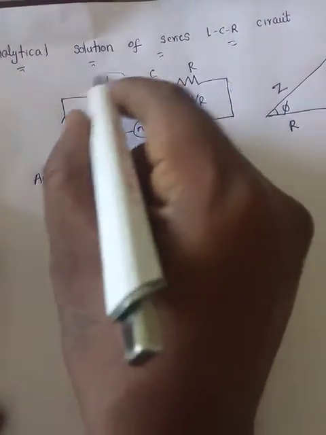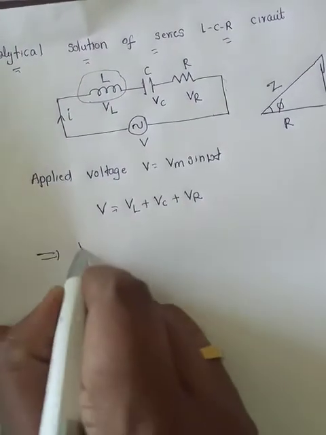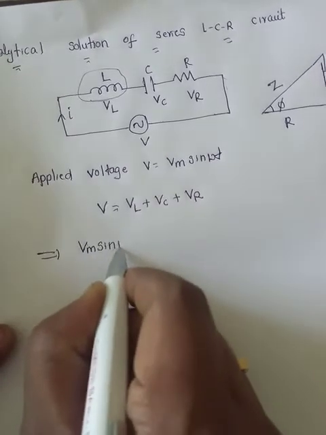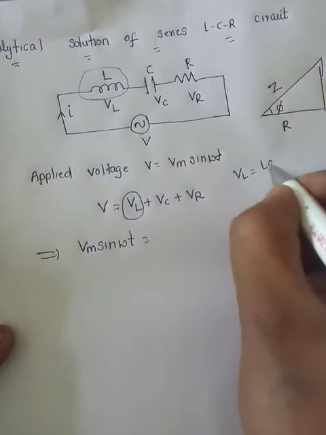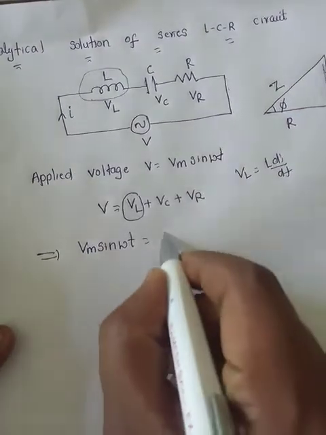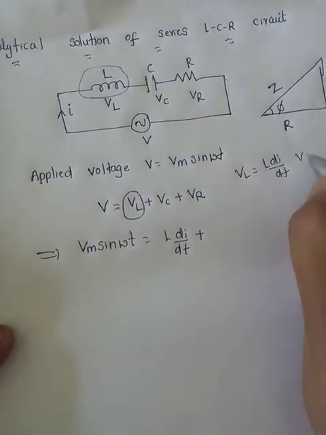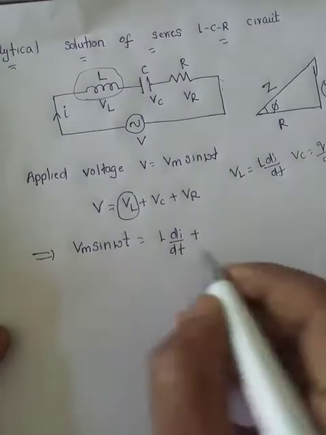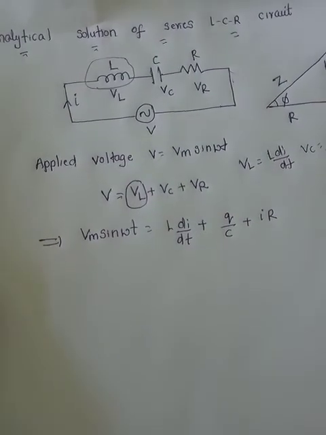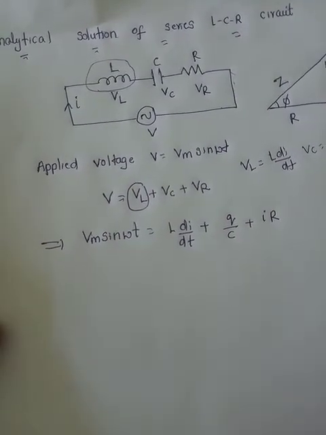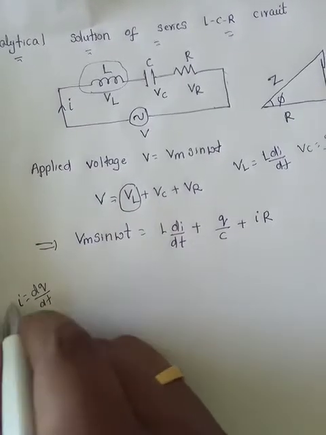This is an inductor, the current is changing in the same coil, so self inductance: Vm sin omega t equals the voltage across the inductor, L into di by dt, plus the voltage across the capacitor, Q by C, plus the voltage across the resistor, I into R. As we know, current is the rate of flow of charge.